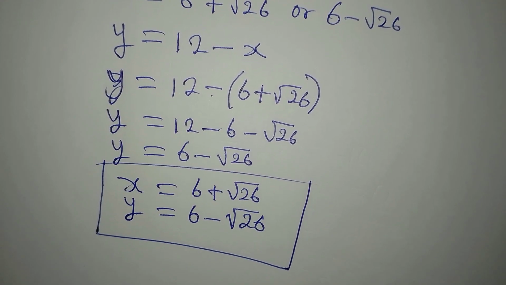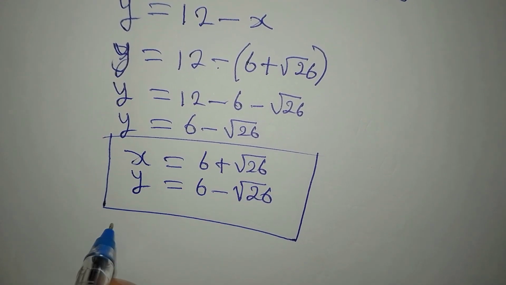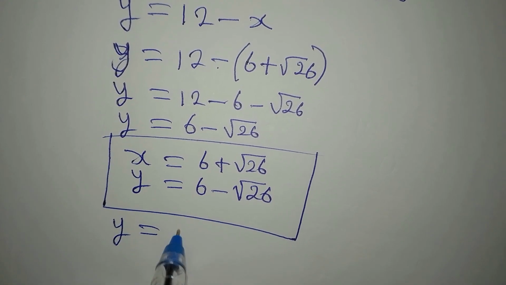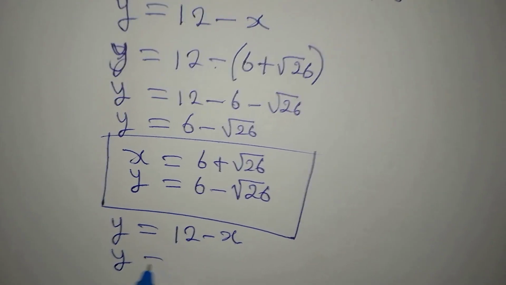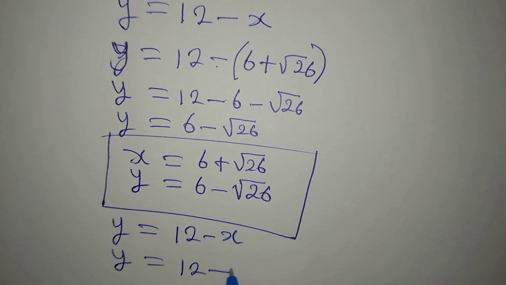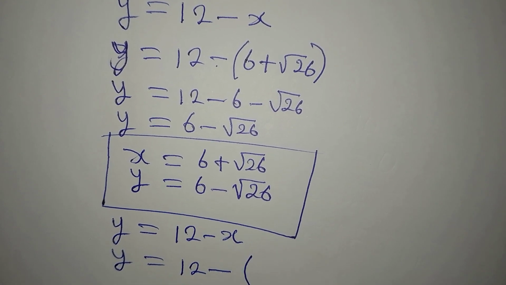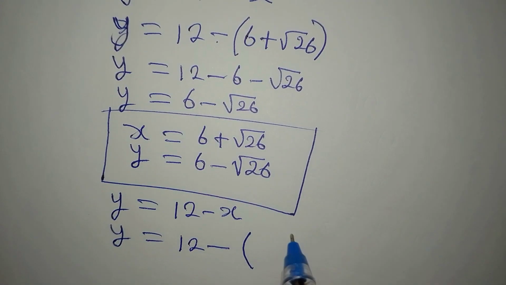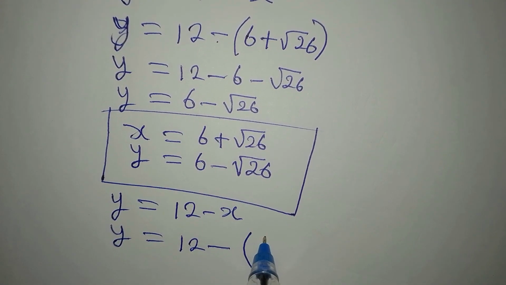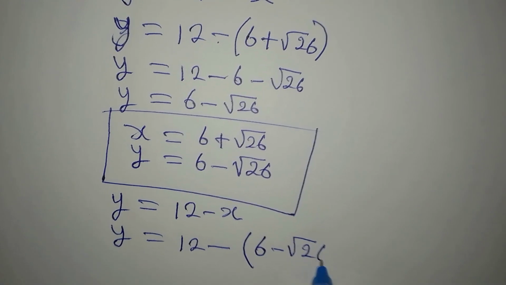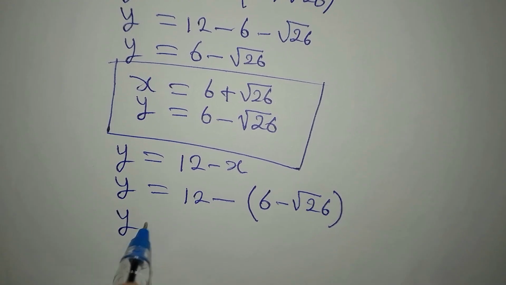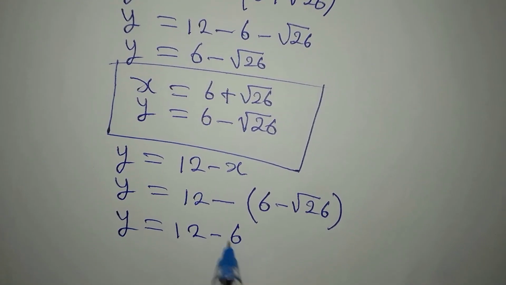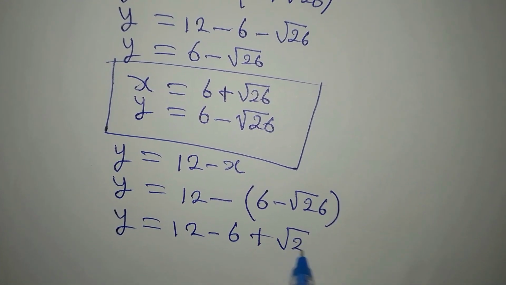But then let's go to the other value of x. y is equal to 12 minus x. Now y is 12 minus, you will open bracket for the value of x, which is 6 minus root 26. We close this up. Now y is 12 minus 6 plus root 26.